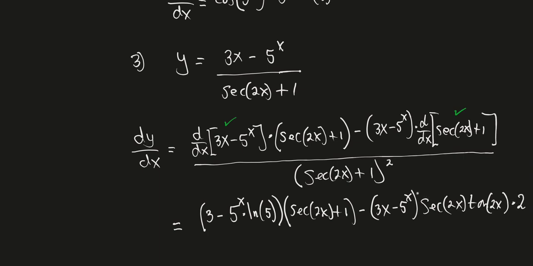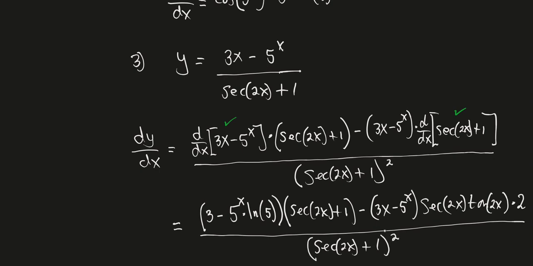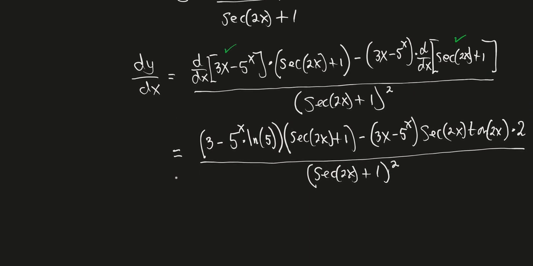That little piece is the chain rule, and then this is all over secant of 2x plus 1 squared, right? And that's the derivative. You could go ahead and FOIL things out, but you're not going to have a lot of terms that will simplify. So I'm just going to leave it in this particular form. So again, even if functions look relatively simple, their derivatives can look a lot more complicated. All right, let's try a couple more.